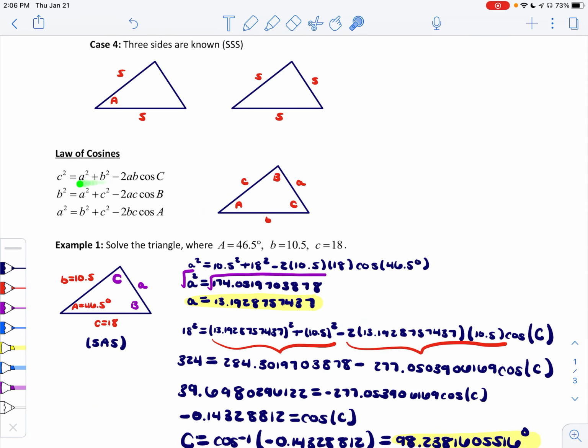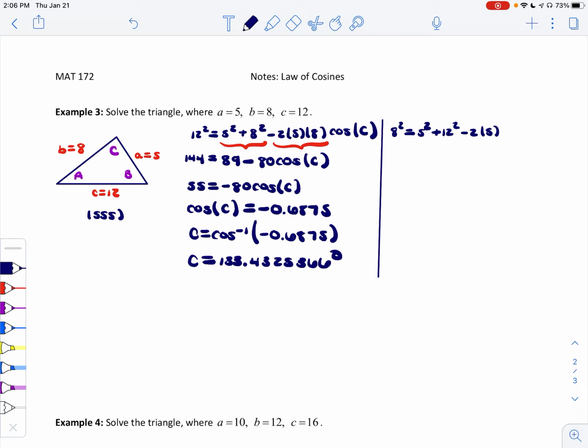I'll keep making my way down the column, so I'll use the second one in order to find my angle B. If we're plugging into that second equation, we're going to have 8 squared is equal to 5 squared plus 12 squared minus 2 times 5 times 12 times the cosine of angle B.